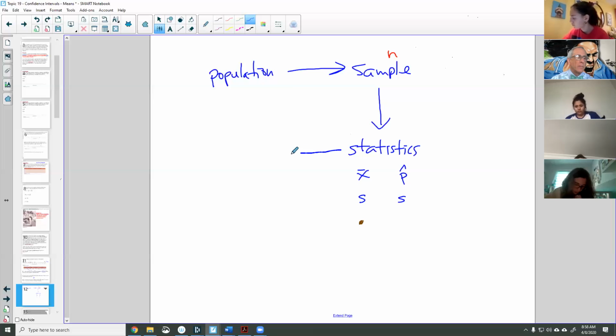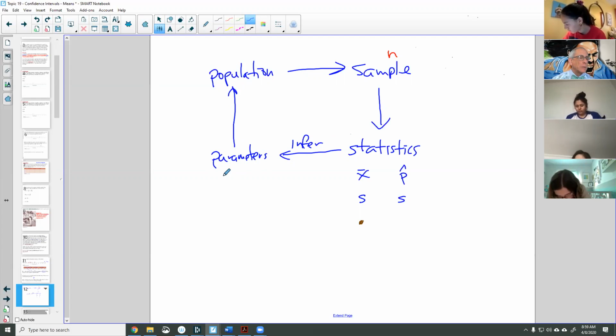And then from the statistics, I infer my parameters, because parameters apply to the population. And that would be the average mu, or the proportion pi, and then the sigma, the standard deviation.